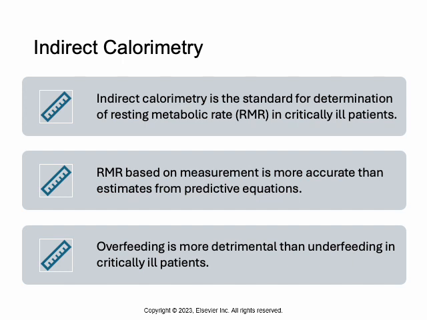And registered dietitians, in collaboration with the medical team, use these tools or formulas to determine energy requirements. Not that you need to know what that formula is, but know that there is a formula for the basis of their decision making.